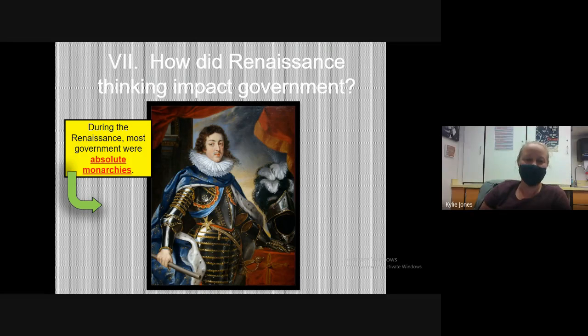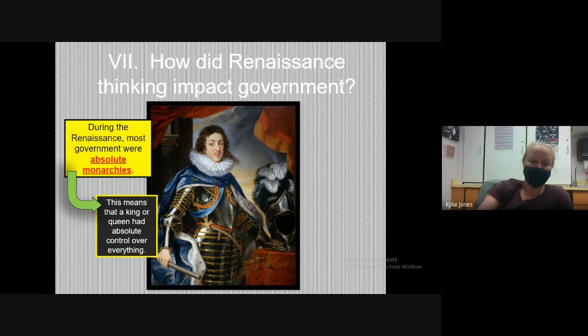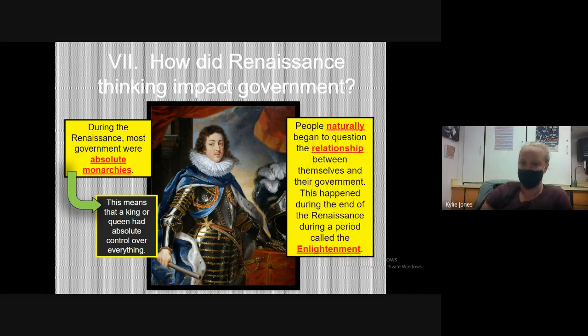During the Renaissance, most government officials were absolute monarchs, which means that one person ruled and that was it. Mainly kings. This means that a king or a queen had absolute control over everything. People naturally began to question the relationship between themselves and their government.